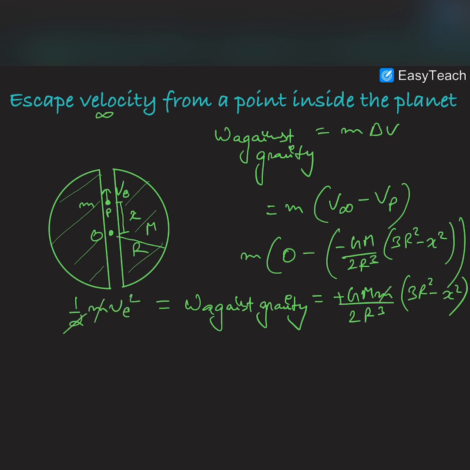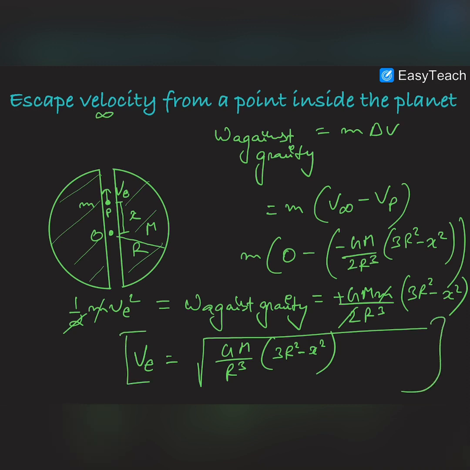Cancelling m with m, 2 with 2, v escape will be equal to under root of G M by r cube into (3 r square minus x square). This is the escape velocity from a point inside the planet.